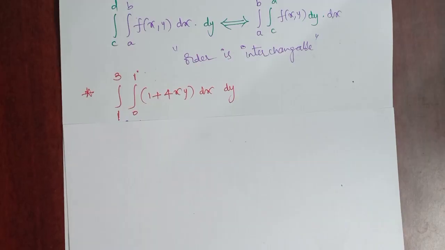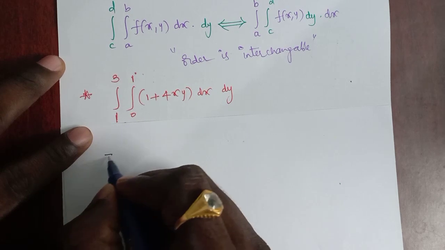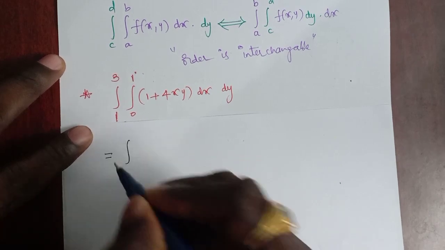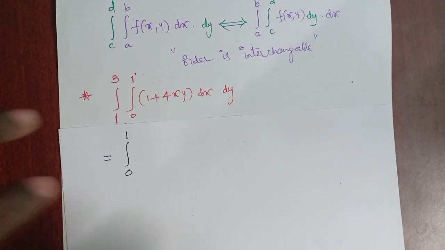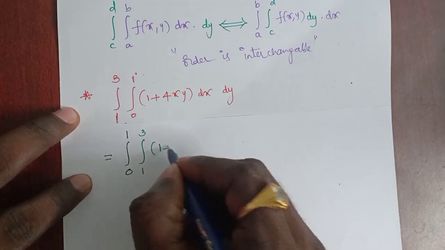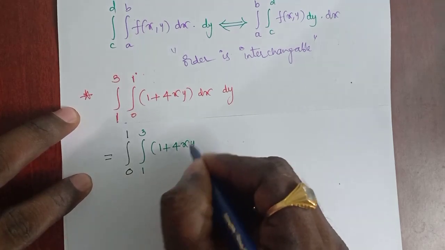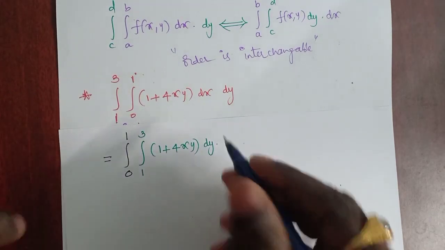Now I'm interchanging the boundaries, which gives integration of 0 to 1 and integration of 1 to 3, 1 plus 4xy dy dx.